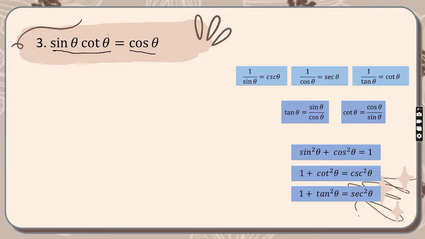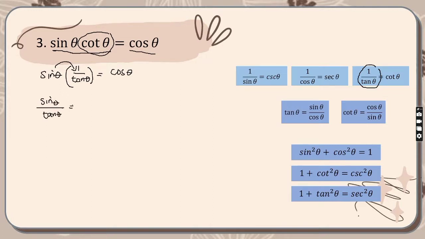So, pwede nating palitan itong cotangent theta ng kanyang reciprocal identity, which is 1 over tangent theta.